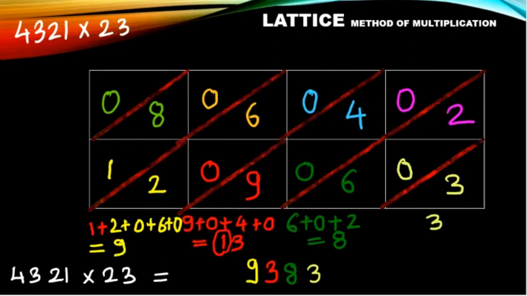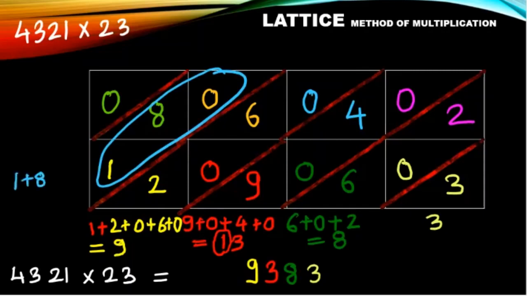Then we will consider the next diagonal column and we will add the numbers 1 plus 8 plus 0, that is 9. Again we have to write down 9 at the 10,000th place in the answer.